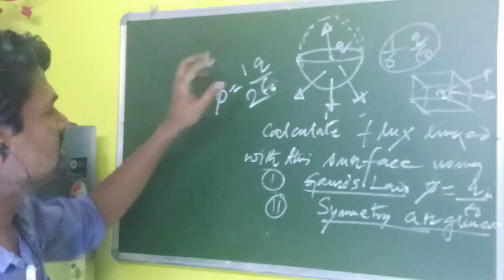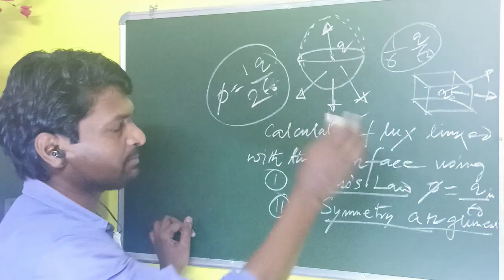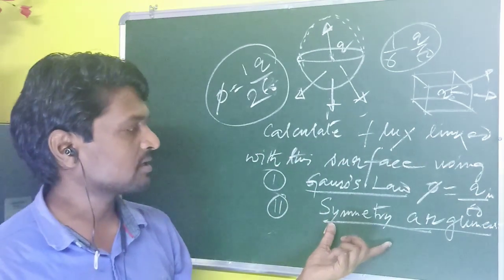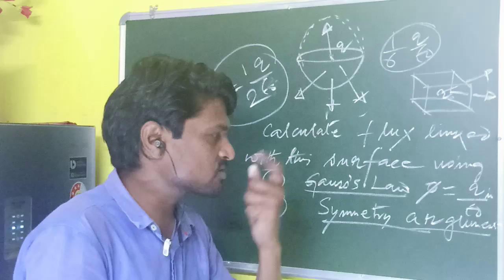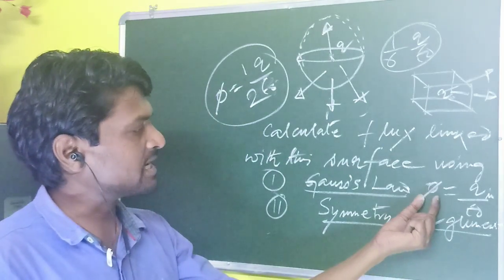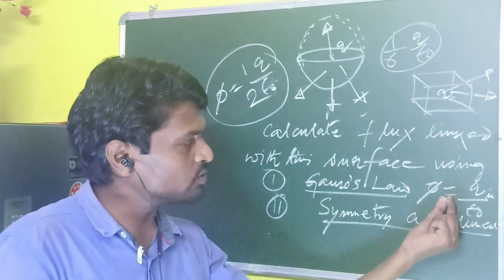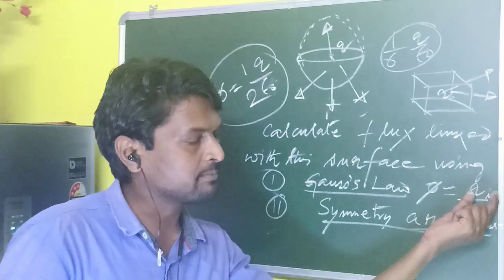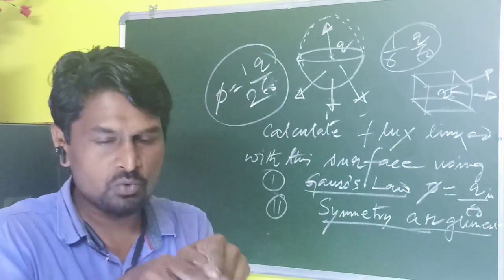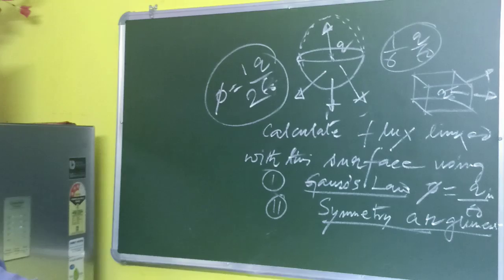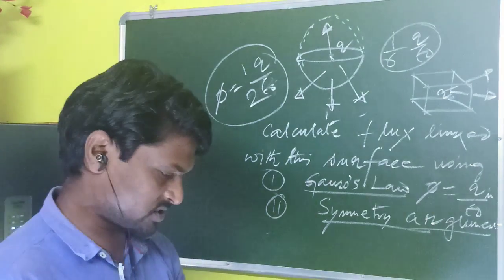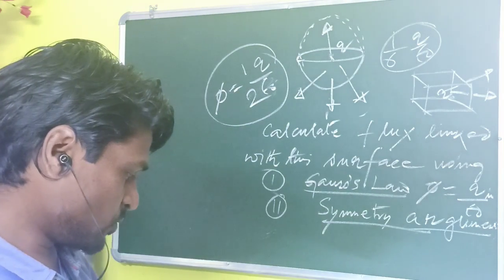This is the answer. So you have to clear your concepts about symmetry argument as well as Gauss's law. Gauss's law states that the net flux is equal to 1 by epsilon naught times the net charge enclosed within that surface. I think this question will be clear for you.